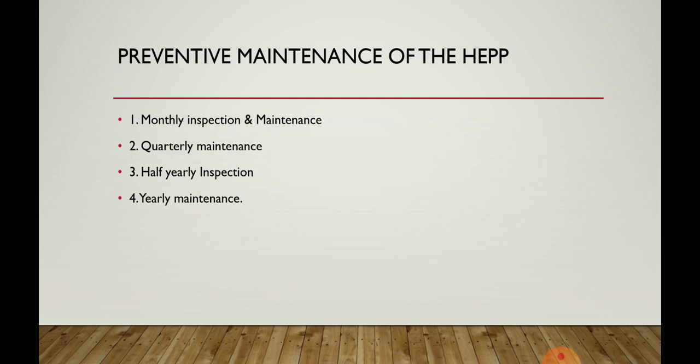In yearly maintenance, the turbine auxiliaries such as the turbine guide bearings, all types of oil pressure tanks, and all turbine instruments should be checked. The scroll casing runner with cone guide vanes should be checked, the draft tube should be checked and maintained, and lastly the emergency slide vanes should be checked. So in these four categories, preventive maintenance should be done monthly, quarterly, half yearly and yearly for the hydroelectric power plant.